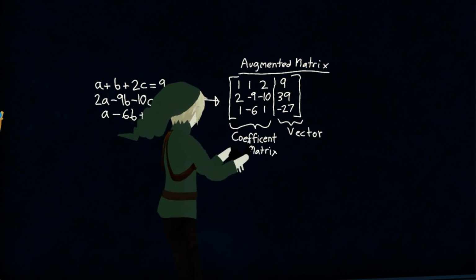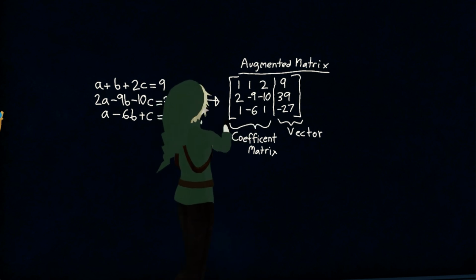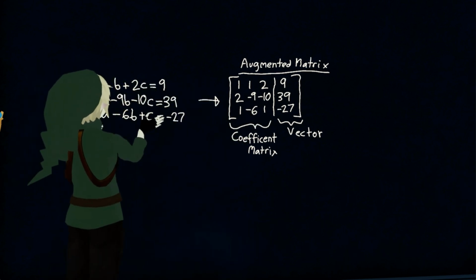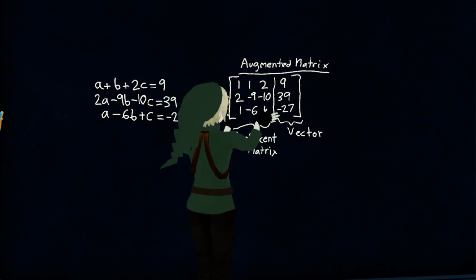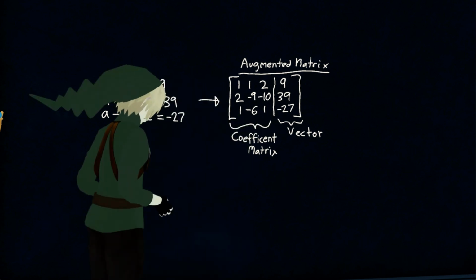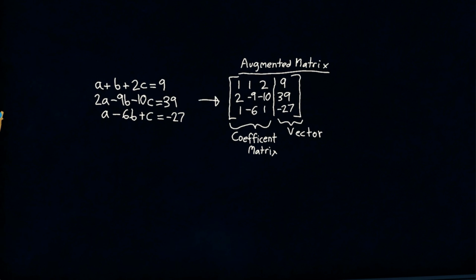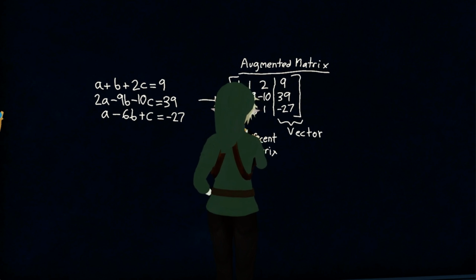Well, the thing is, it's less messy, right? This is the same thing as this. It's just less messier. Now that we have it in this form, where did I put my pencil? Oh, right here. Okay. Because this is now less messier.